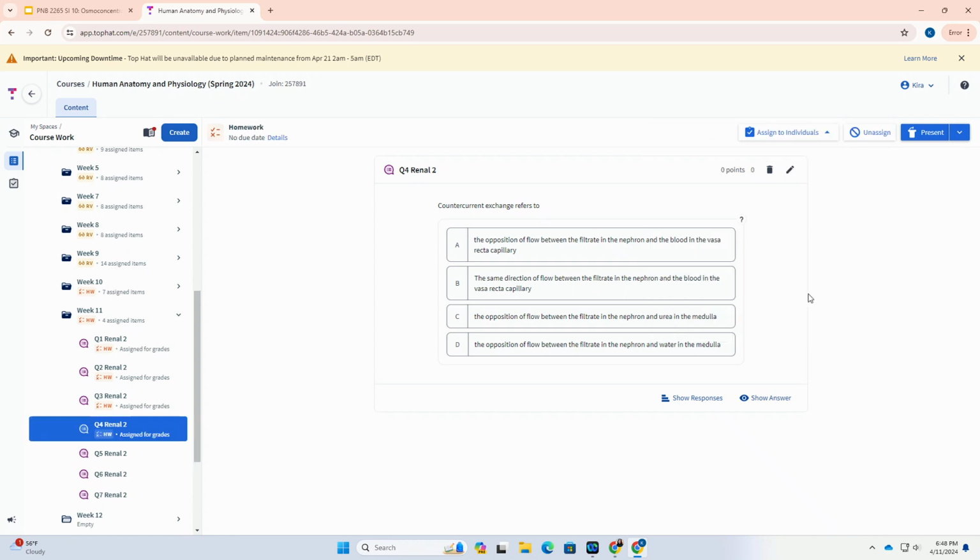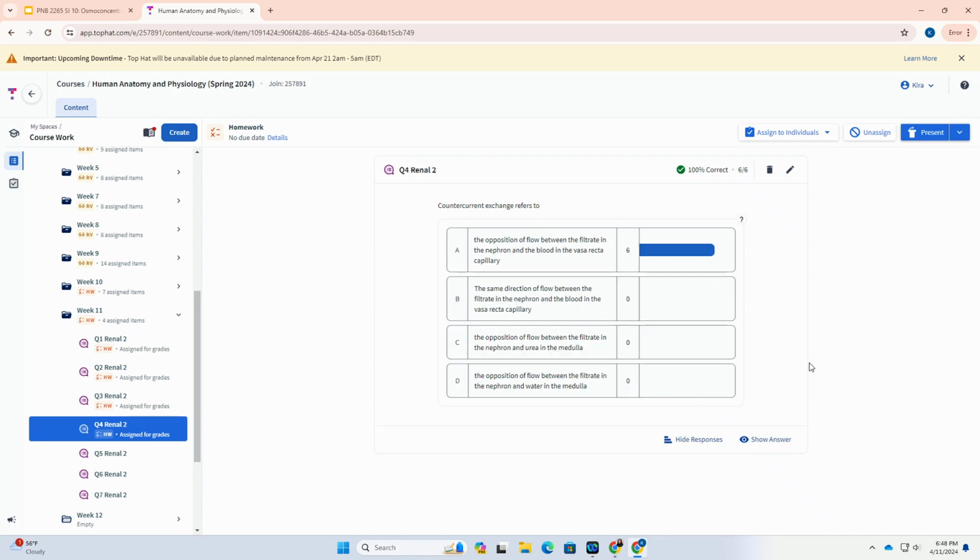Countercurrent exchange refers to? Yes. So it's the opposition of flow, it's countercurrent, and it's between the filtrate in the nephron and the blood.